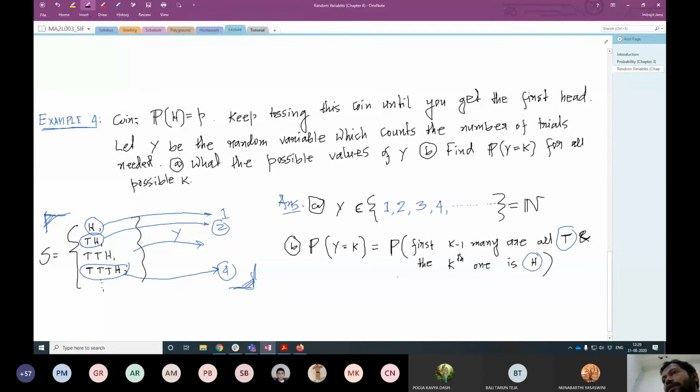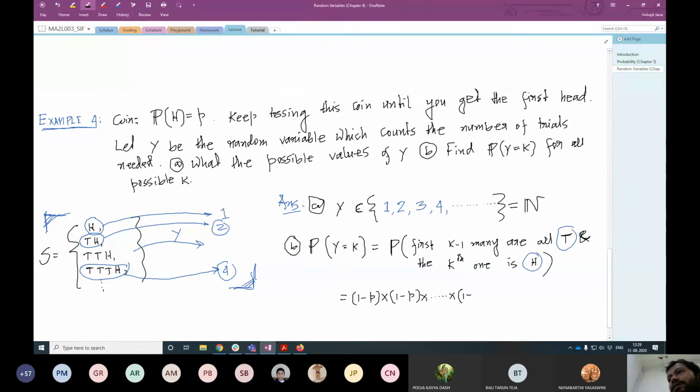And now, how do you compute this probability? This is very simple, actually simpler than the previous one. The first K minus 1 trials are all tails, and since these trials are independent, this is going to be 1 minus P. So this 1 minus P is the probability of getting tail in the first trial, times, because of independence, 1 minus P for the second trial of getting tail, and so on.